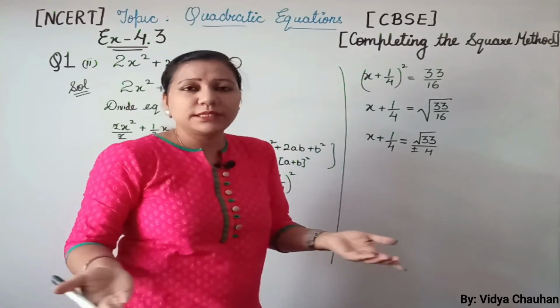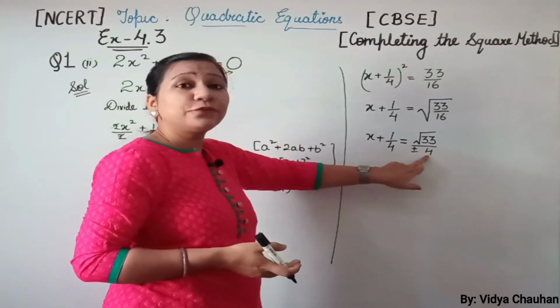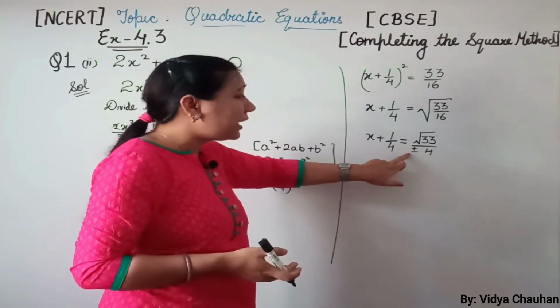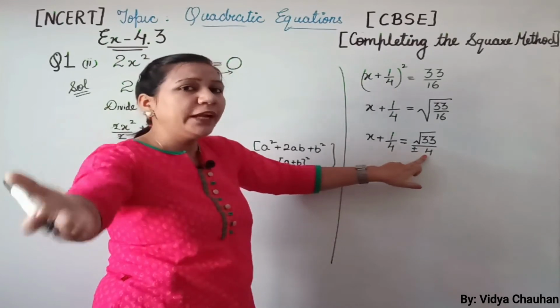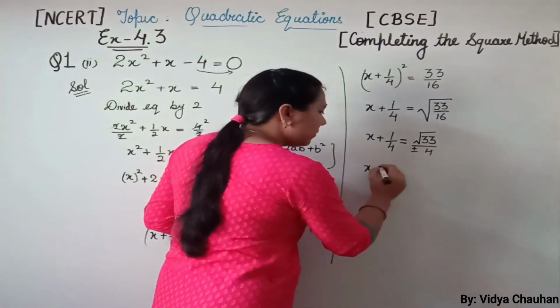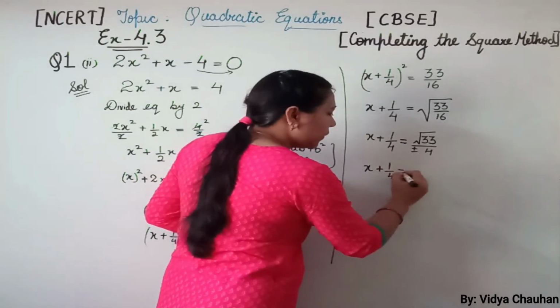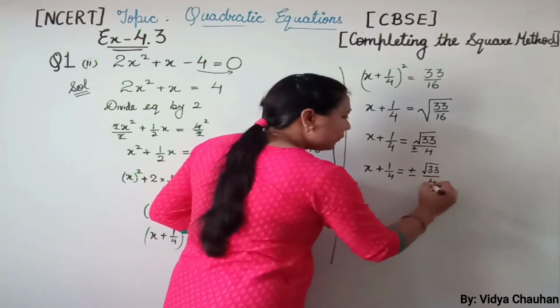Yes, because 16 is a perfect square. What is the square root of 16? It is 4. But we can write it as plus minus, because plus 4 into plus 4 is again 16, and minus 4 into minus 4 is again 16. So our equation becomes x plus 1 upon 4 equals to plus minus square root 33 upon 4.